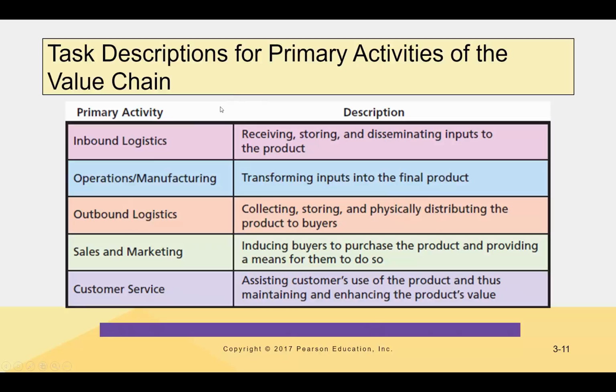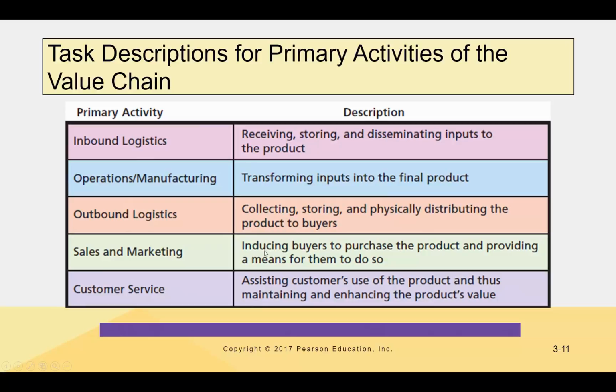The value chain: the inbound logistics, how do your products come in? How are they arranged when they're brought in? Can you get to them easy? When the products come in, can they go to different parts of the plant? The manufacturing, can you take these inputs that come in and put them into the final product? Distributing the parts and assembled goods to buyers.